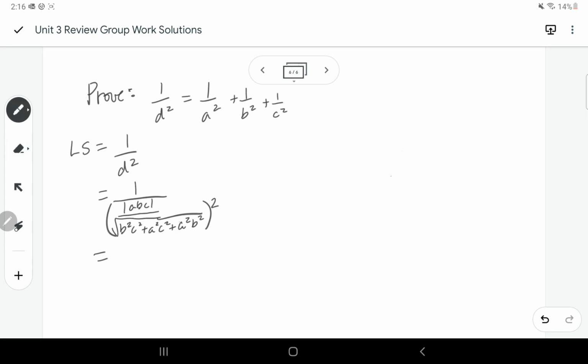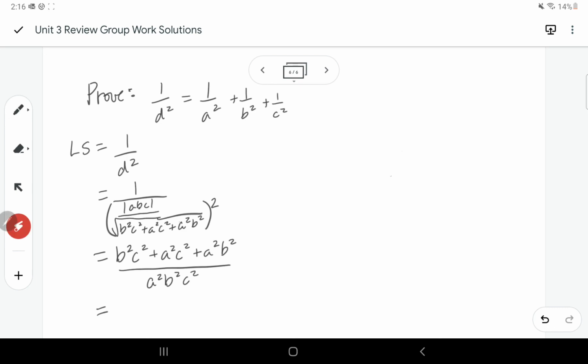So I'm going to do that. I'm going to flip this fraction that's on the bottom and square it. So on the top, I have B squared C squared plus A squared C squared plus A squared B squared over, and now I will have A squared B squared C squared, squaring each individual factor in that absolute value. So if I have a bunch of things added up in a fraction, I can pull apart each one and write them with common denominators.